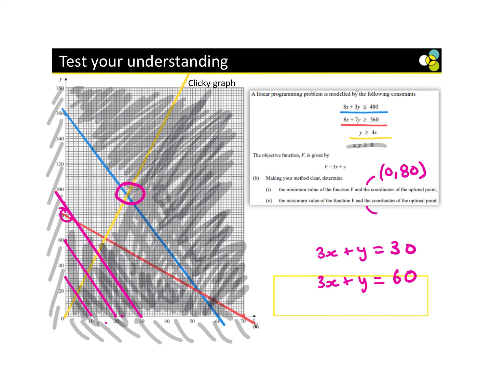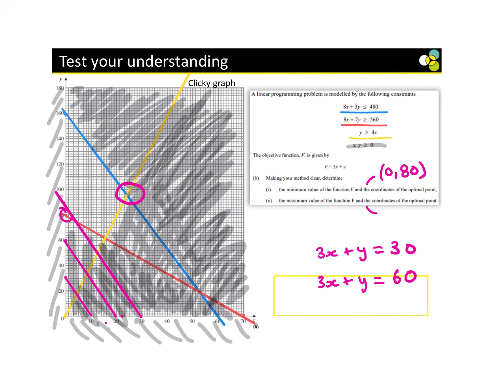Now, here's a sensible question for you. Am I going to read off the graph where this point is? No. What am I going to use? Yeah, simultaneous equations. So which lines? Yellow and blue.